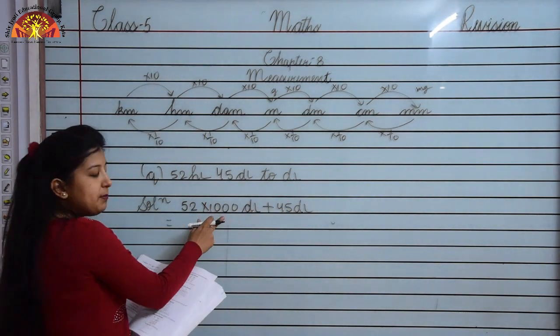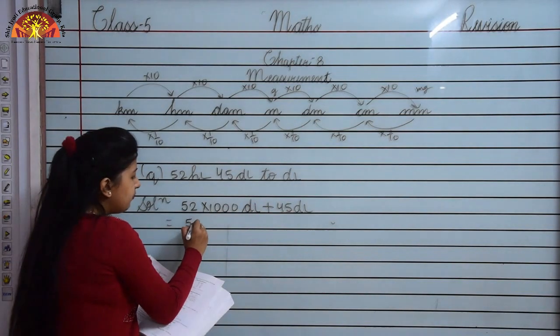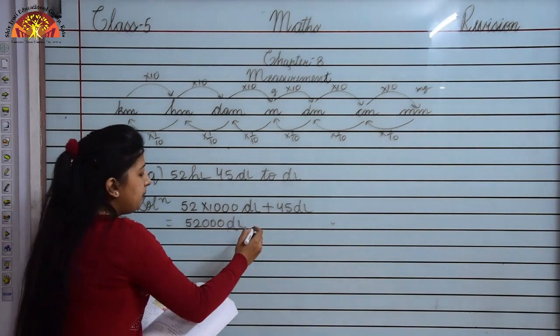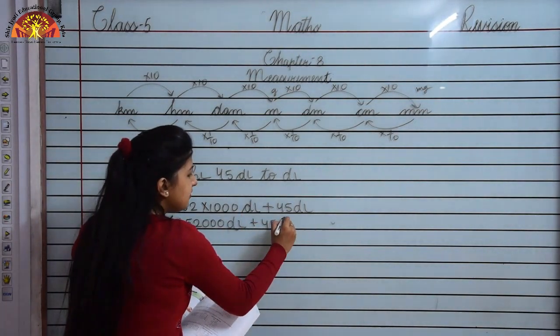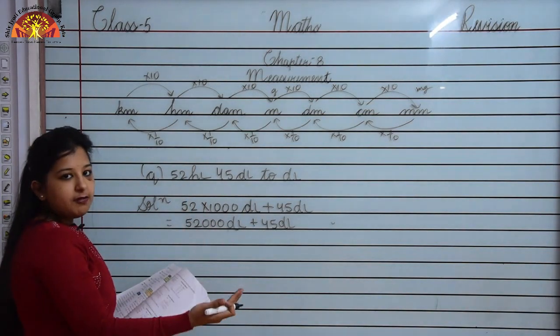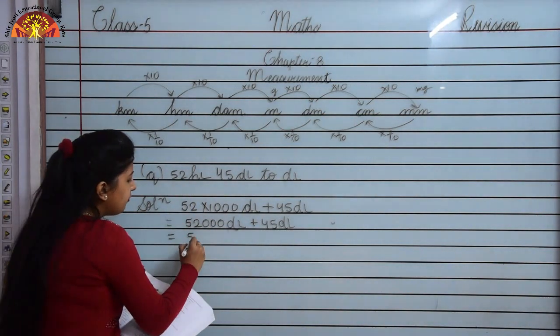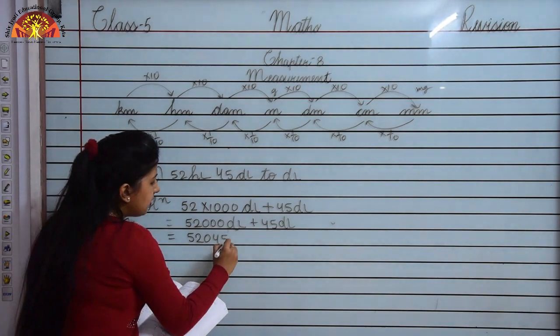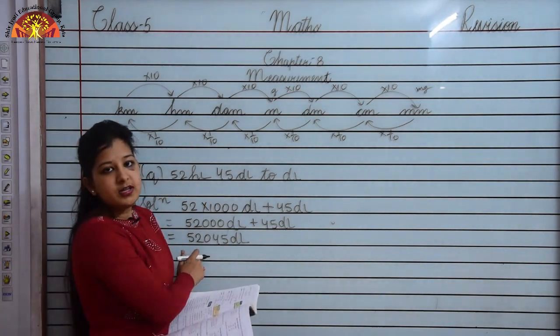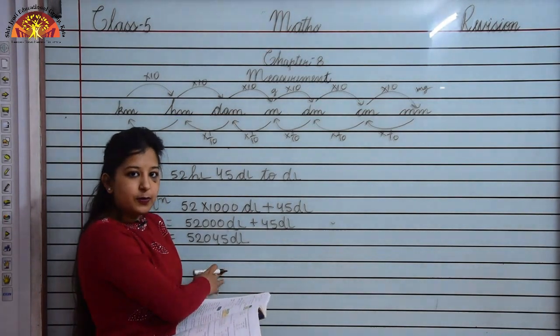Now 52 multiplied by 1000 deciliter equals to 52,000 deciliter plus 45 deciliter, and 52,000 deciliter plus 45 deciliter equals to 52,045 deciliter. So, our answer will be 52,045 deciliter.